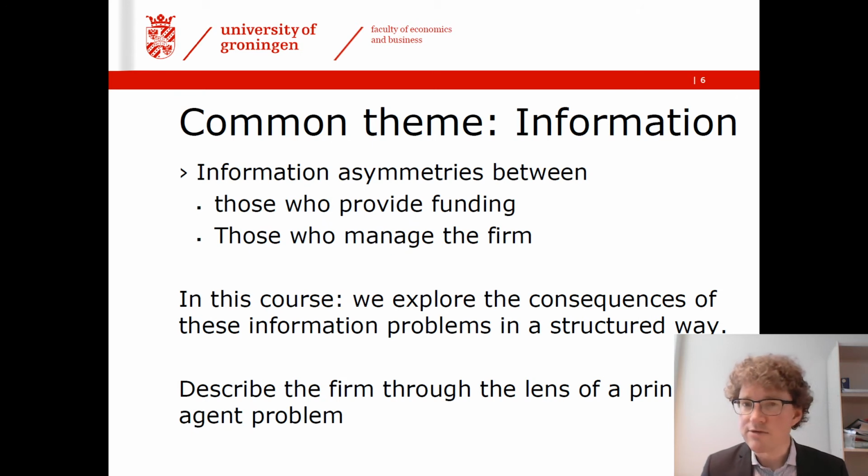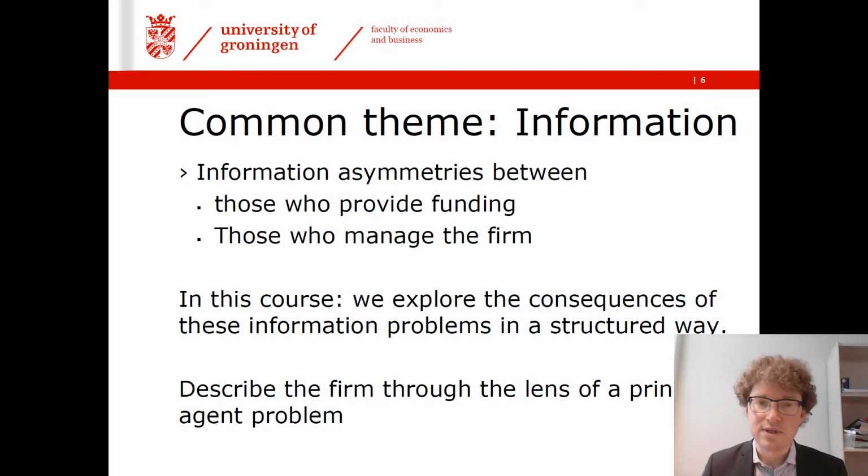So the common theme here, if you see this, is about information. There are information asymmetries between outside investors who are providing the funding for a firm and managers who manage this firm.